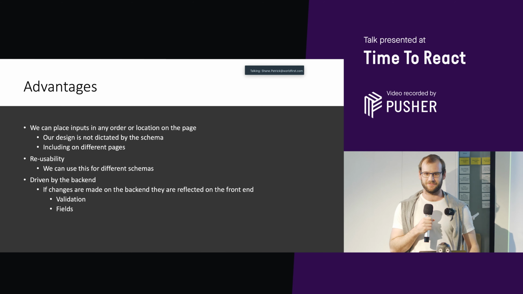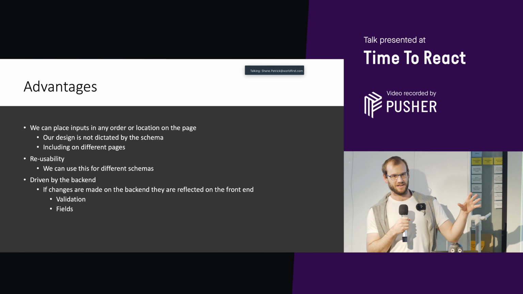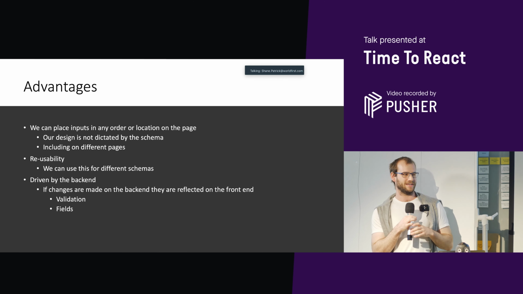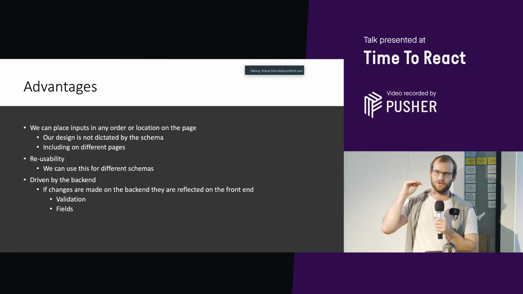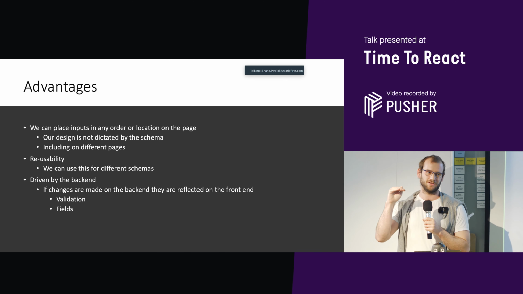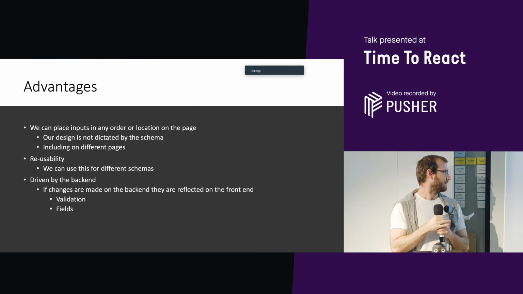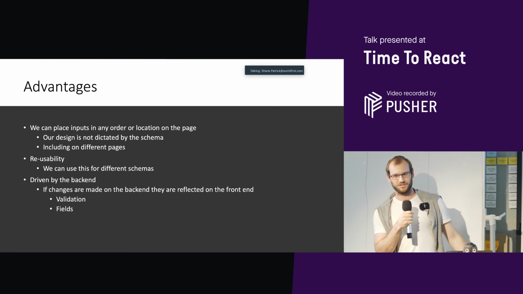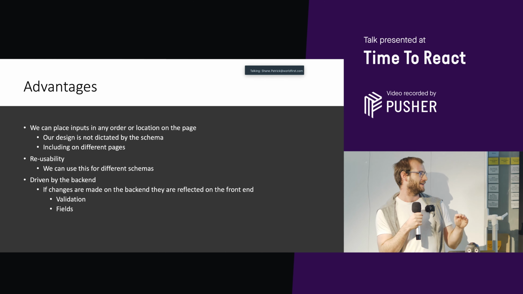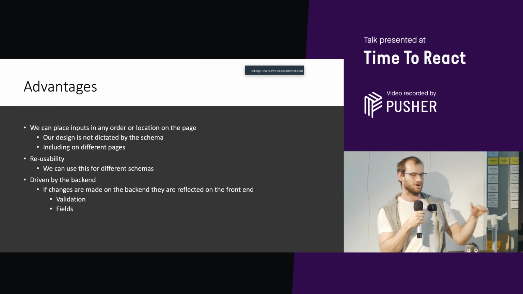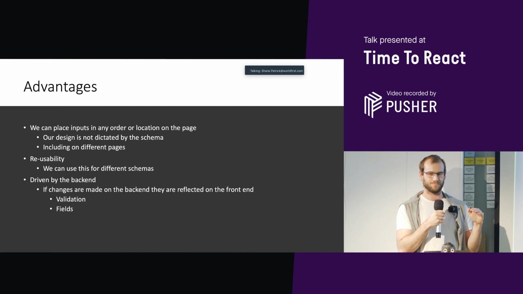So what are the advantages of this approach? To summarize exactly what we're doing here, we're saying input mapper corresponds with a property of the schema. And we can place input mapper anywhere on the page. It's not bound by anything other than the fact that it's beneath the schema provider. So our design is not dictated by the schema.